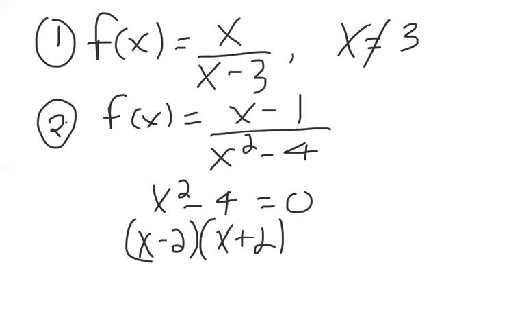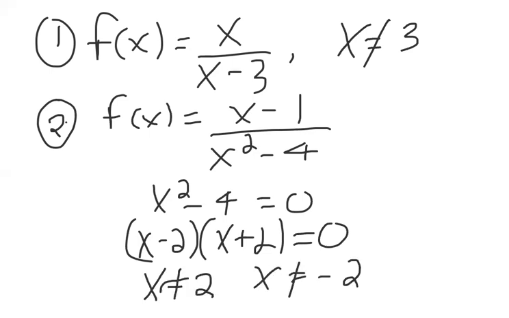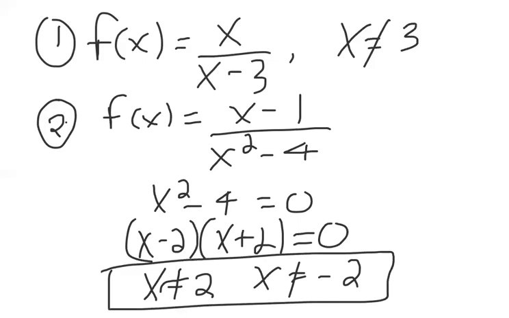So this one will have two values that will make it equal out to 0. x cannot equal 2, x cannot equal -2. As in, what number minus 2 makes the parentheses 0? +2. What number plus 2 makes the second parentheses 0? -2. So this one has two restricted values.